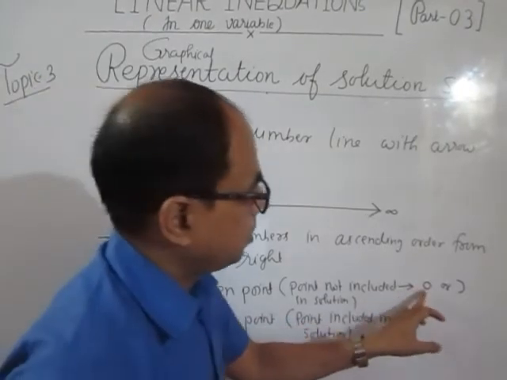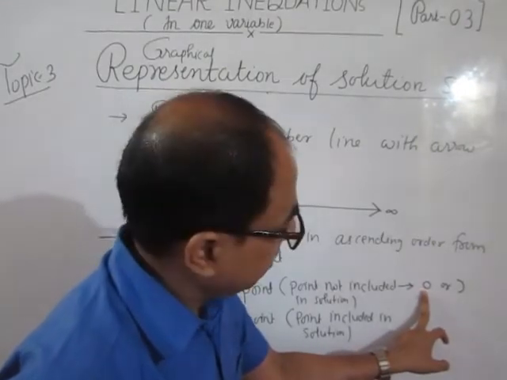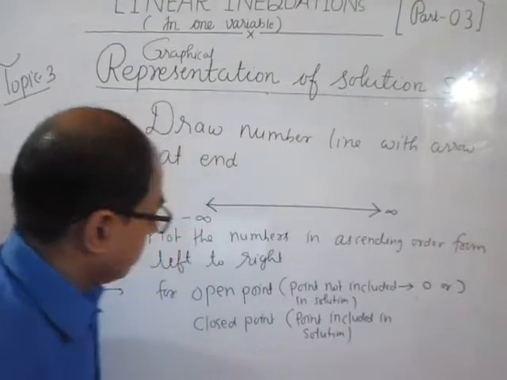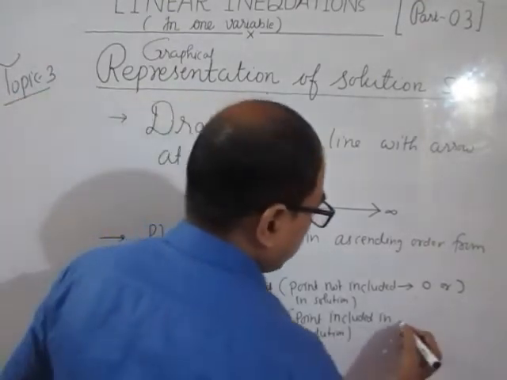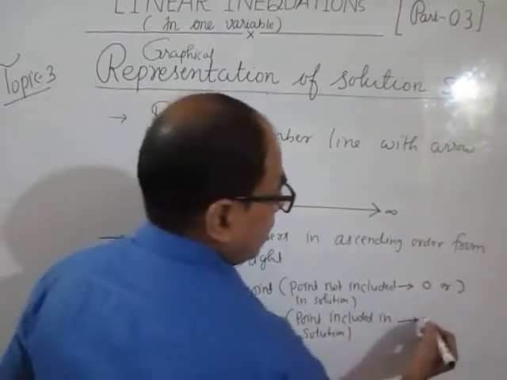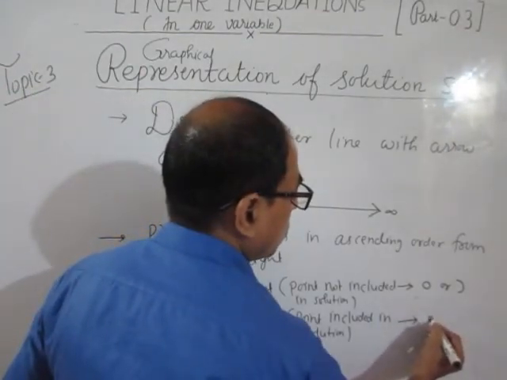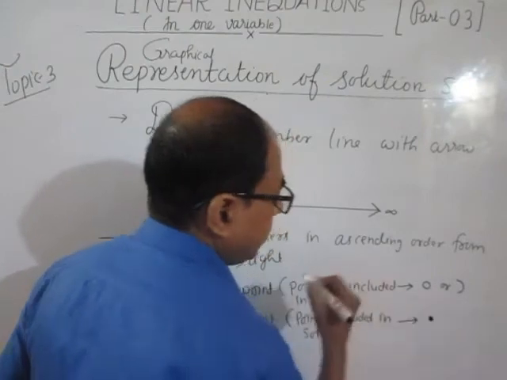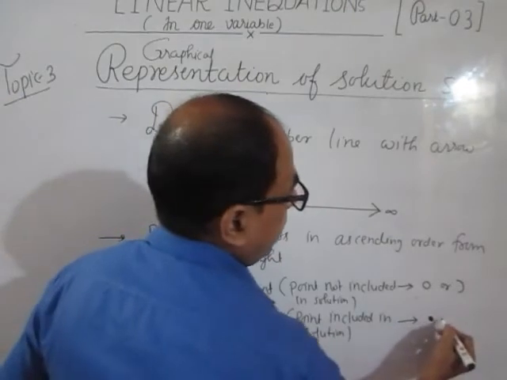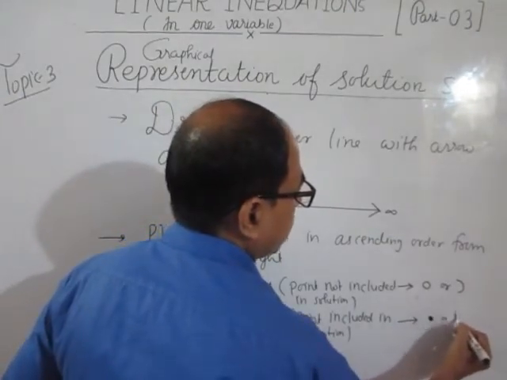To represent closed point, the point which is included in the solution, we use a solid ring, that means it is filled, or a solid vertical line.